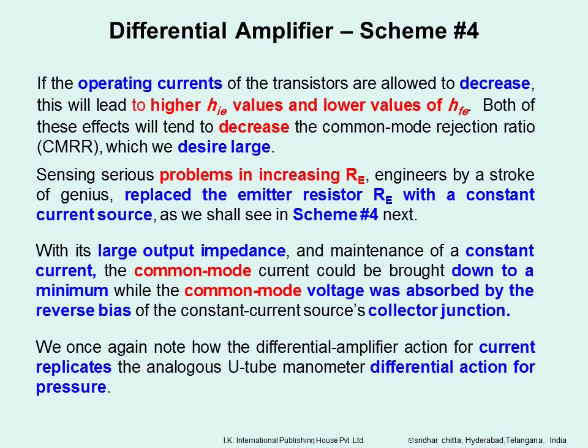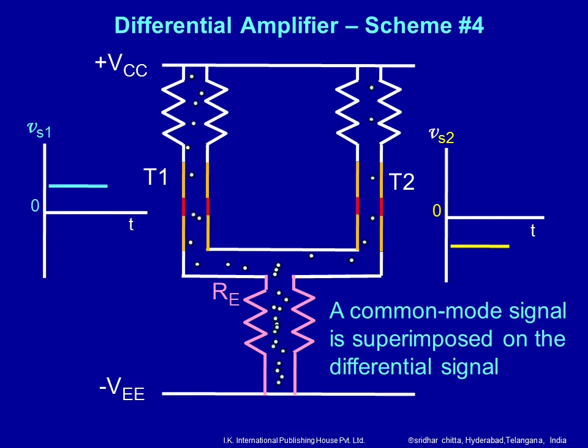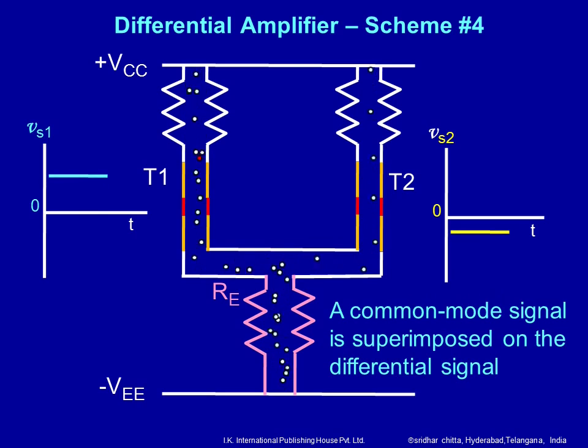We once again note how the differential amplifier action for current replicates the analogous U-tube manometer differential action for pressure. A common mode signal is superimposed on the differential signal.